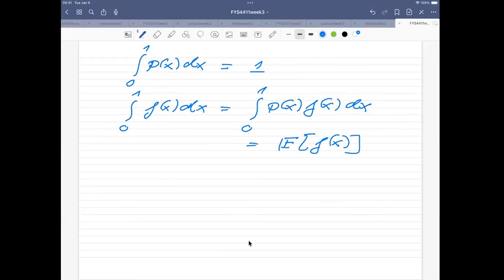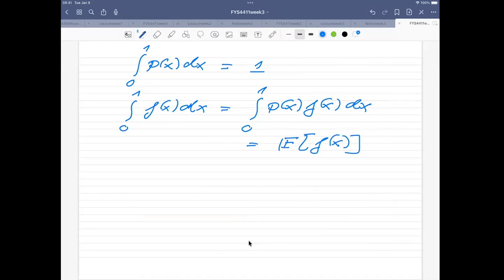For the uniform distribution, this is easy to calculate. I can also calculate many properties of the distribution, like the mean value of p of x, which is obviously equal to one half, and the variance of p of x.